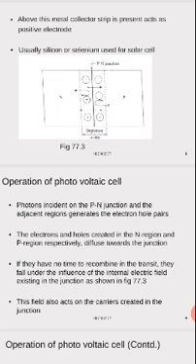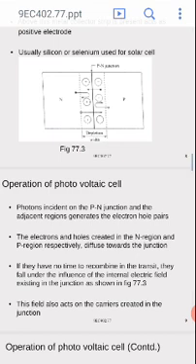More electrons, that is free electrons, are created in the n region, and more holes are created in the p region because of the photo effect, or because of the light falling on the solar plate.